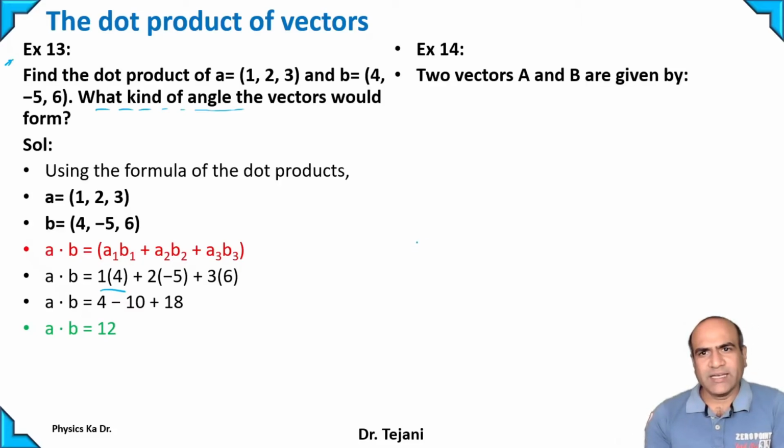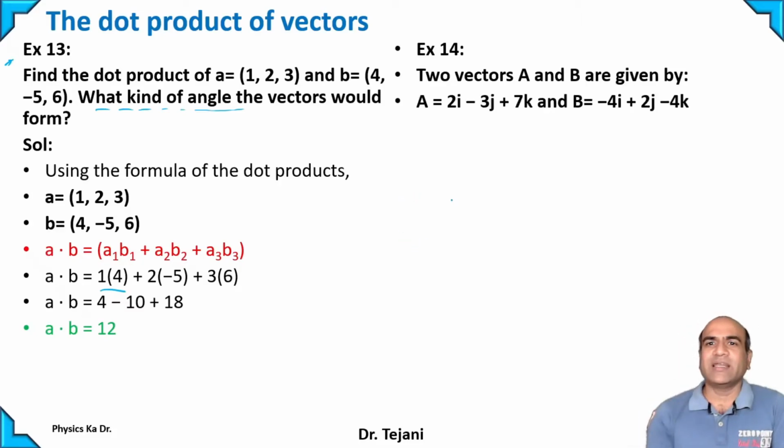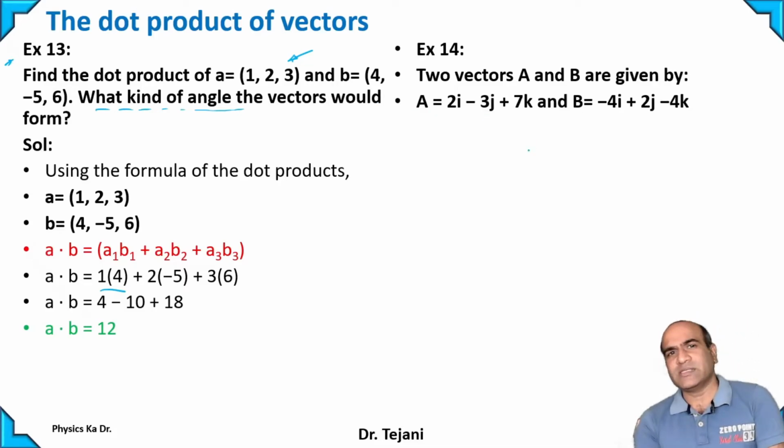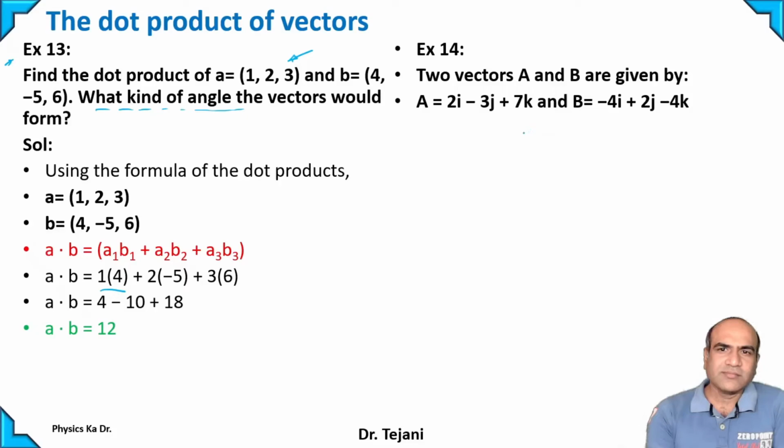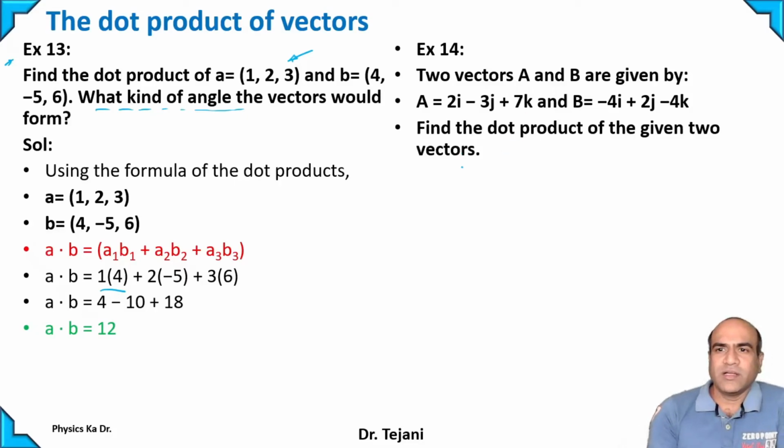Example number 14. Two vectors A and B are given. You can write vectors in this bracket form, or you can write 2i minus 3j plus 7k, like that. Find the dot product.